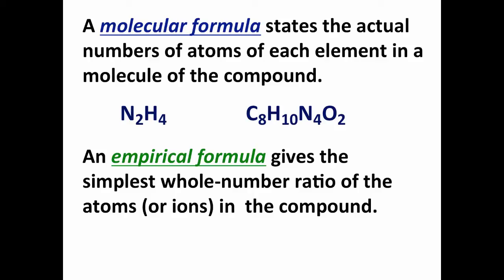We often deal with empirical formulas because in determining the composition of a compound, often that's the original data that we get, or that's what our data leads us to.